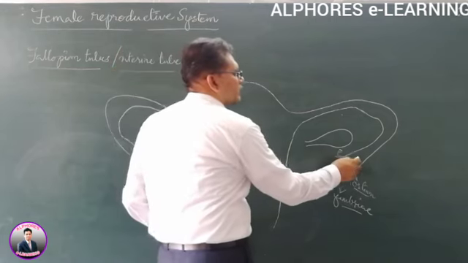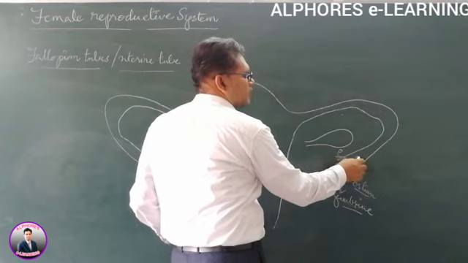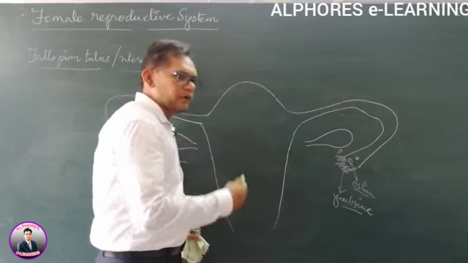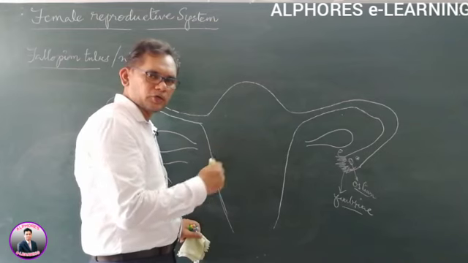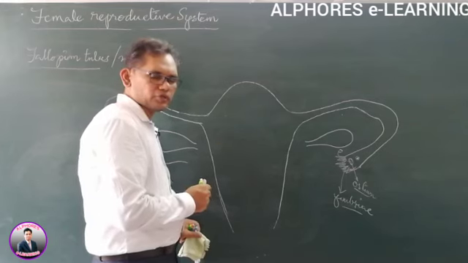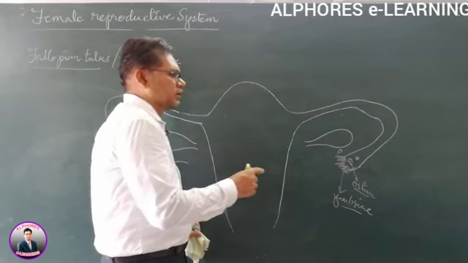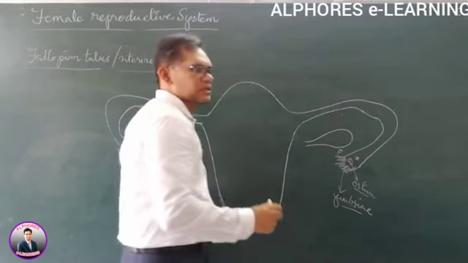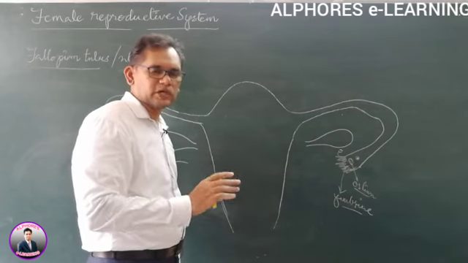Now, inside this uterine tube, this ovum which is collected passes through by the peristaltic movement of the fallopian tube. Fallopian tube also shows peristaltic movement, because female gamete ova is non-motile, it does not move by itself.